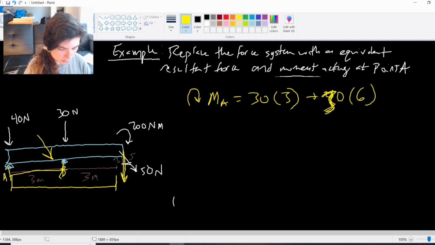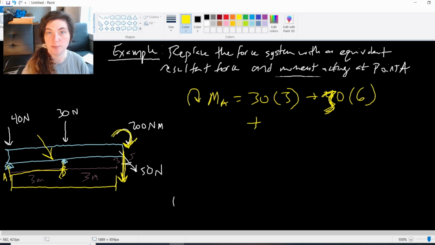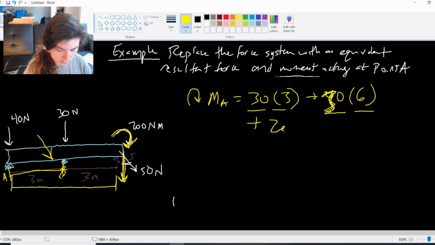That was the y component of our 50 here. So 30 times 3 plus 30 times 6 plus this moment that we have acting on the point. It's not multiplied by any distance because it's already a moment. So this was force times distance, and then plus just any moments that we have hanging about. So we have this 200 newton meters clockwise, right? So it'll be positive since we made clockwise positive.